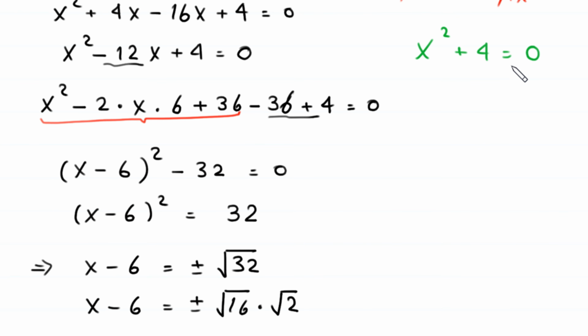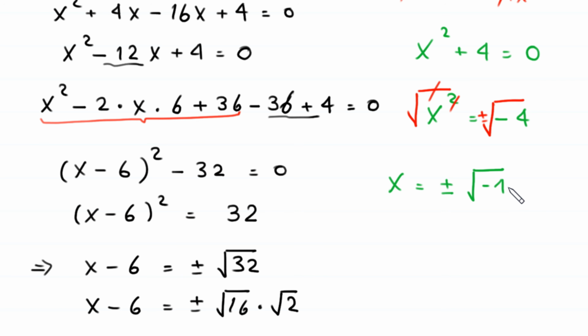Move this 4 to the right hand side, this will become x squared equal to negative 4, and we take the square root of both sides. So this square will be cancelled with this square root, and we are left with x is equal to plus or minus root negative 4.